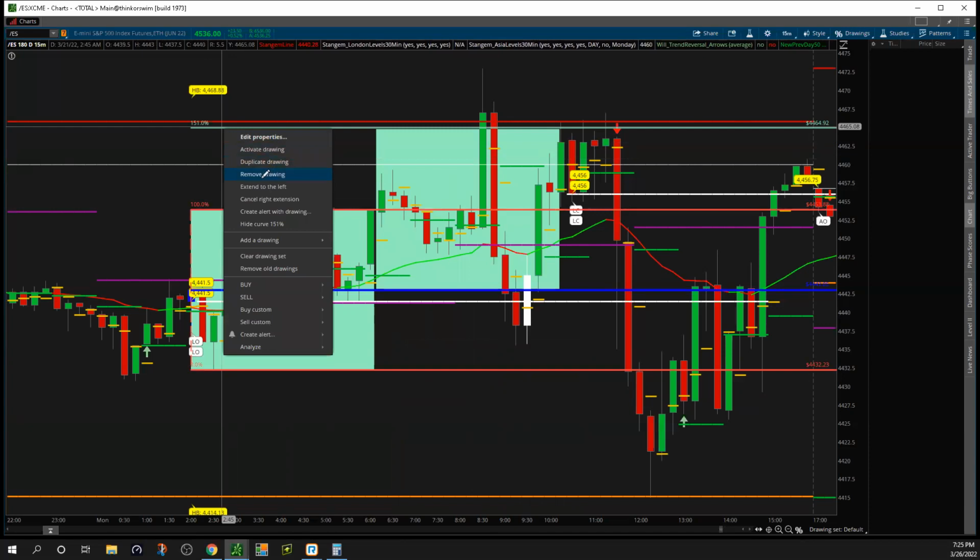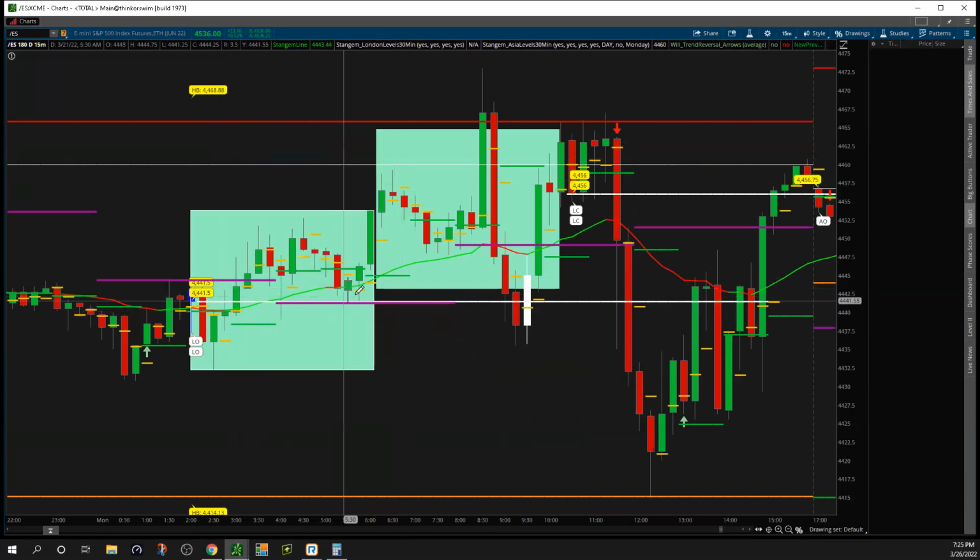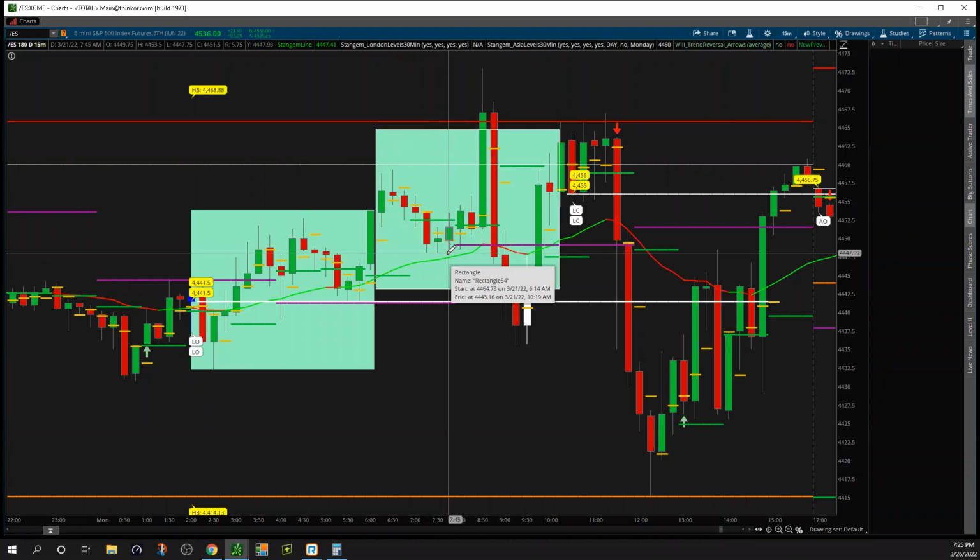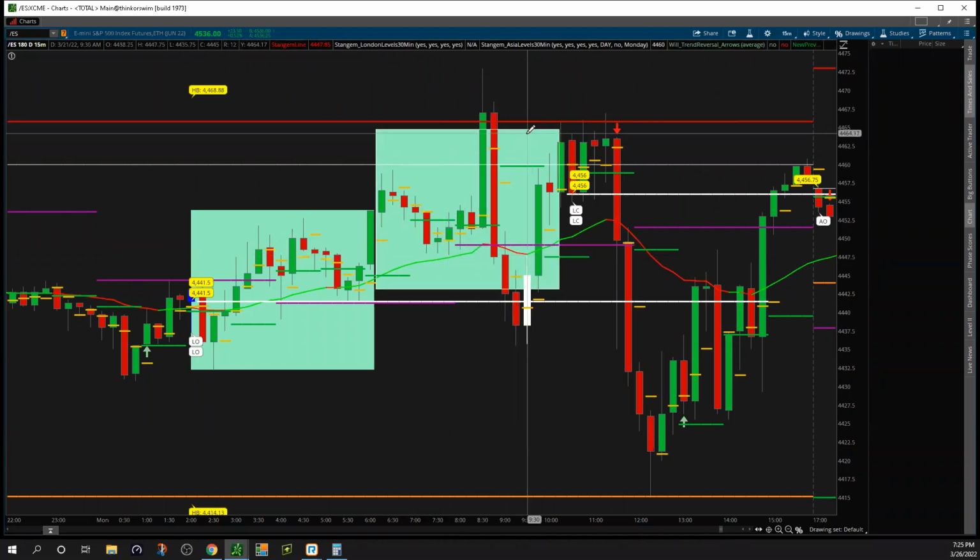Fib's gone. Remove fib. Low, high, halfback, sweep. Target hits. You bought this line right here, 47 to 64.75.